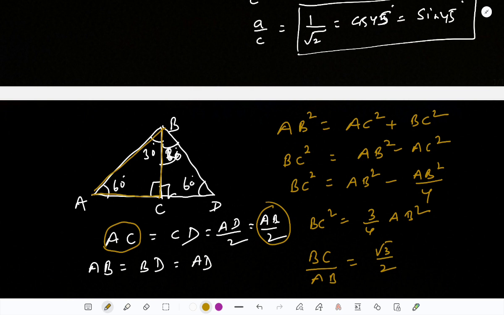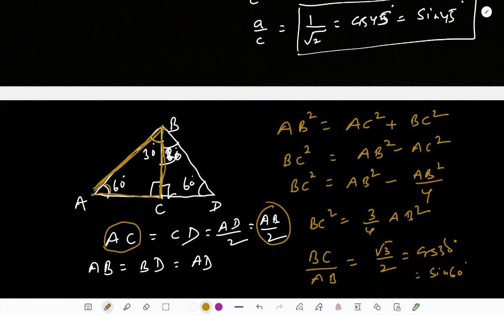And BC upon AB can be written simply as cos 30 degree, or if you take this angle, this BC upon AB you can write as sine 60 degree. That means cos 30 degree and sine 60 degree have the same values and are equal to root 3 by 2.